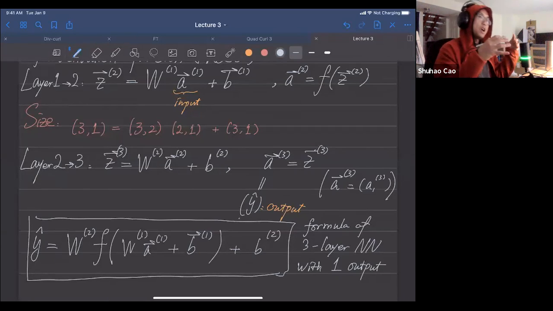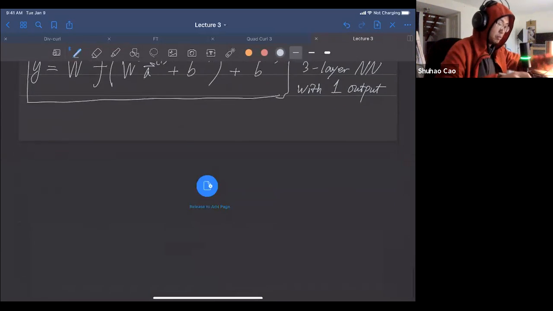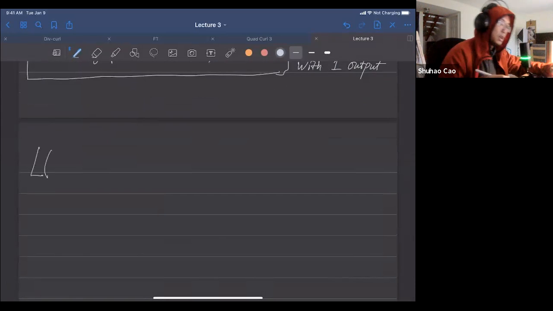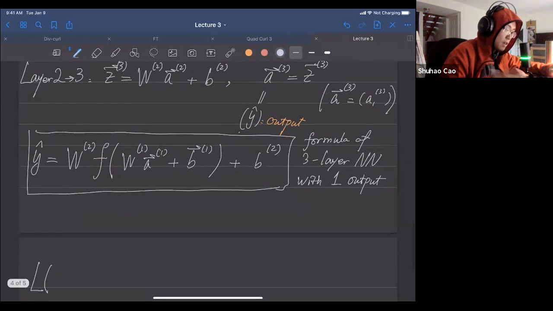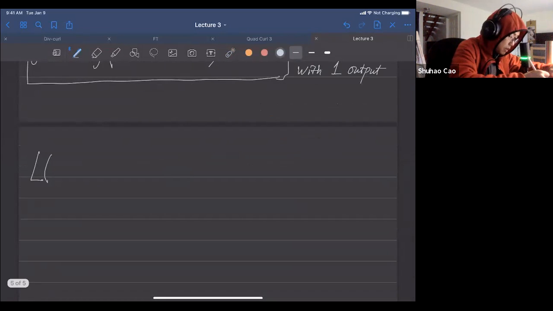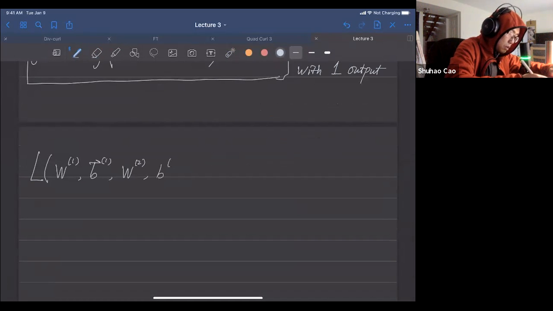And now we put this output in our loss function. So our L, because our L is a function of this and that, so L is a function of W1, B1, and W2, B2.